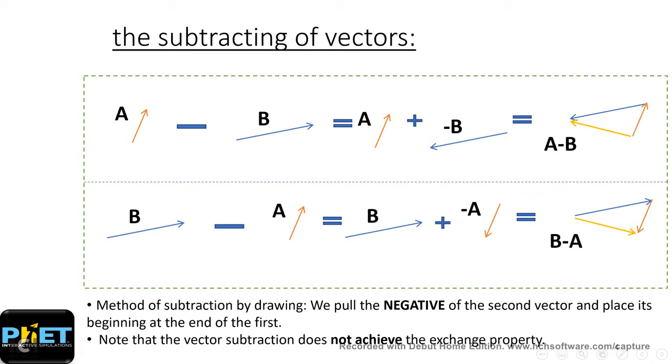Then I use minus A, which is the reddish vector. And the resultant vector is B minus A. It is the same length as A minus B, but in the opposite direction. So you need to note that vector subtraction does not achieve the exchange property.